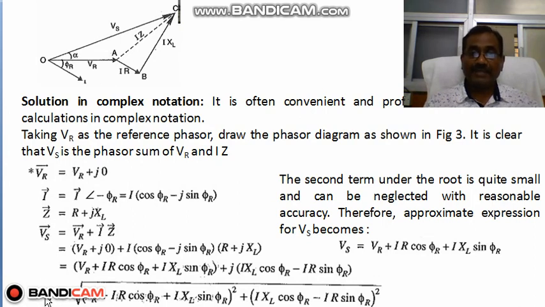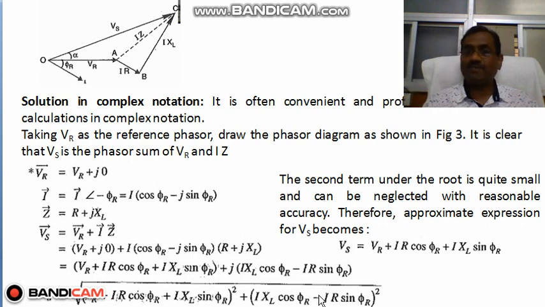So if I take the magnitude, then Vs is equal to the square root of (VR plus IR cos phi r plus IXL sin phi r) squared plus (IXL cos phi r minus IR sin phi r) squared. The second term under the root is quite small as compared to the first term, so you can neglect it. This whole term, IXL cos phi r minus IR sin phi r, is very small, and that too we are squaring it.